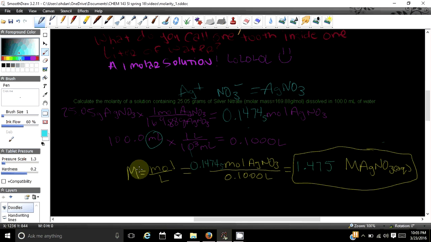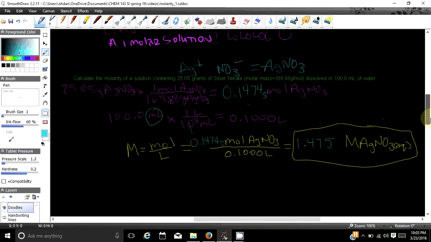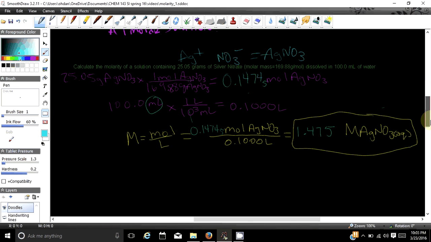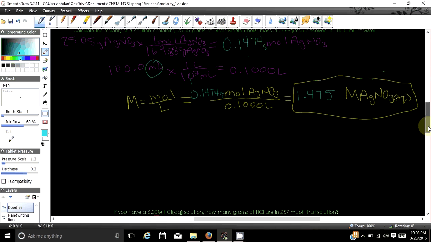To figure out the molarity, we'll put the moles over liters, the number that we calculated right here divided by our liters, and our final answer will be 1.475 to the correct number of sig figs. Everything in the example had 4 sig figs, so that's the number you're going to go off of.